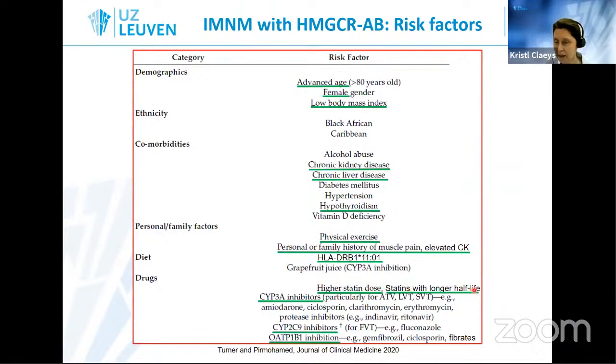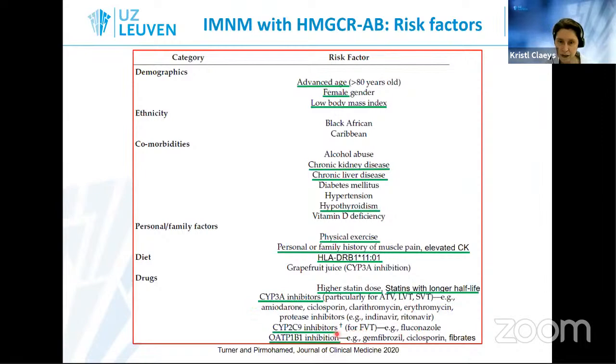statins with a longer half-life, for instance atorvastatin and rosuvastatin, will give more problems, for instance, compared to fluvastatin. Then, of course, other medications that use the same metabolic pathways, like the CYP3A inhibitors, like cyclosporin, amiodarone, etc. This is particularly the case for atorvastatin and simvastatin because they also use this pathway.